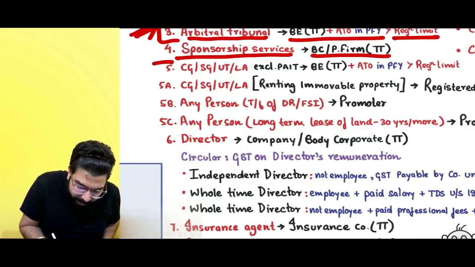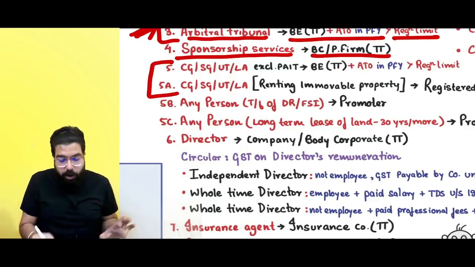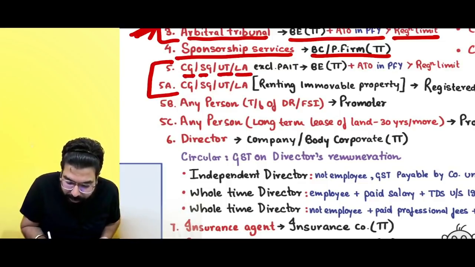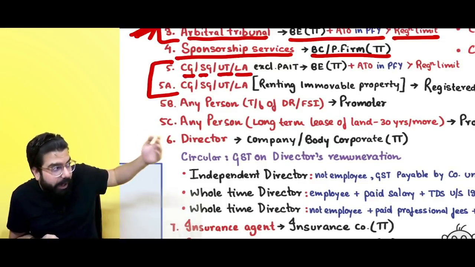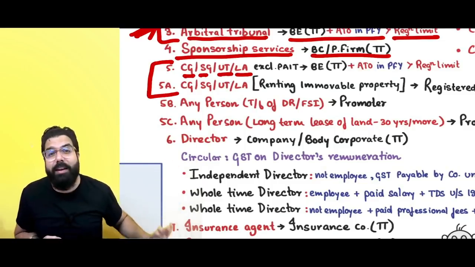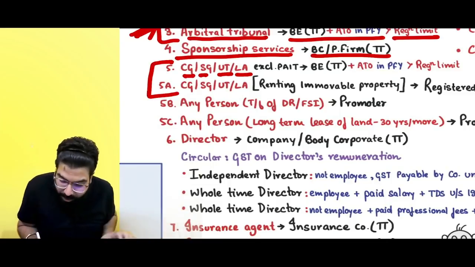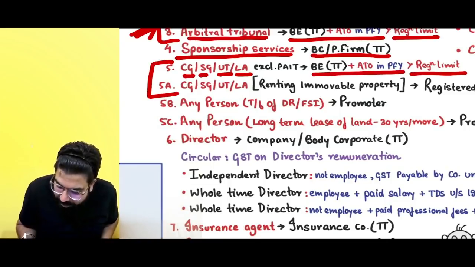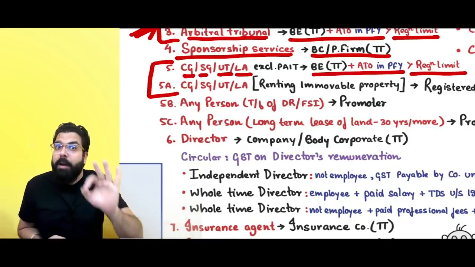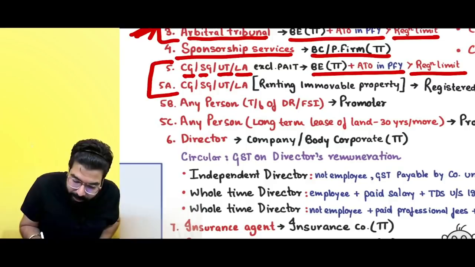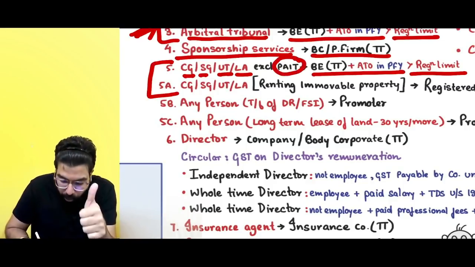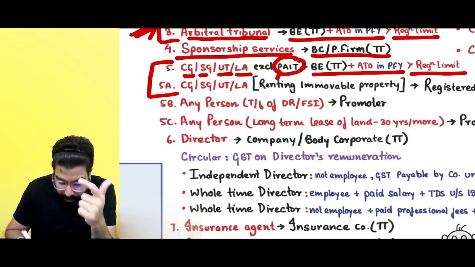Done. Sir, government related services, central government, state government, everyone, central government, state government, union territory or local authority, if they are going ahead and providing services to a business entity, which business entity whose last year turnover was greater than registration limit, then that business entity will have to go ahead and pay the GST under RCM. But RCM is not applicable in case of post or airport related services.